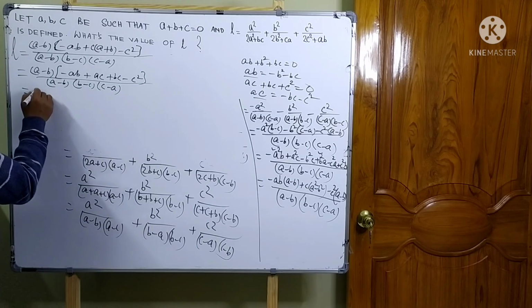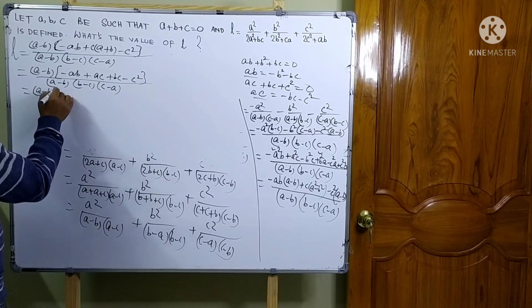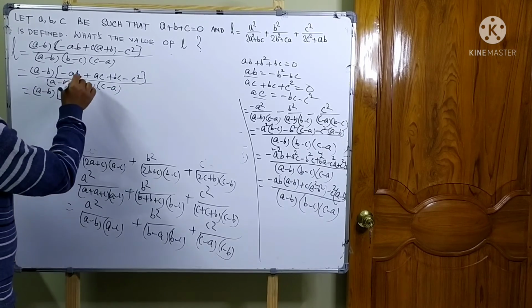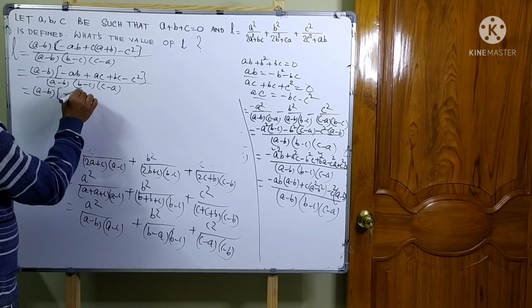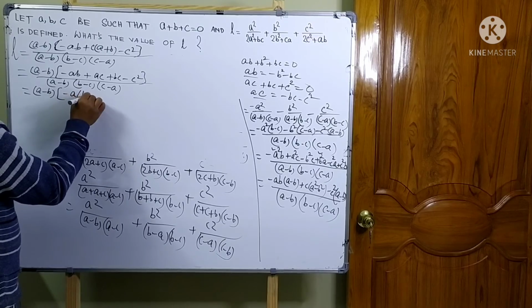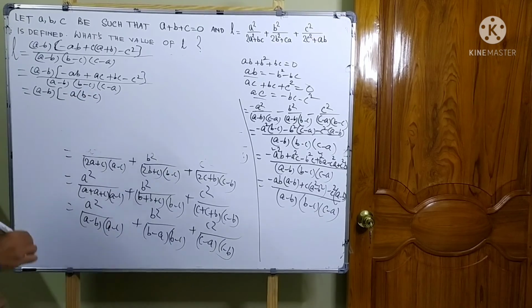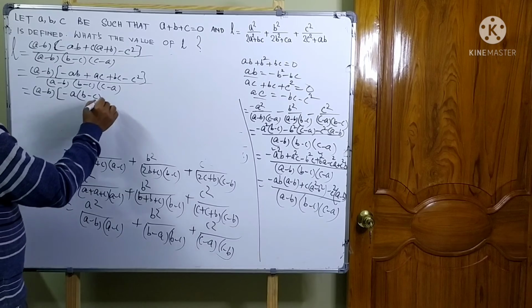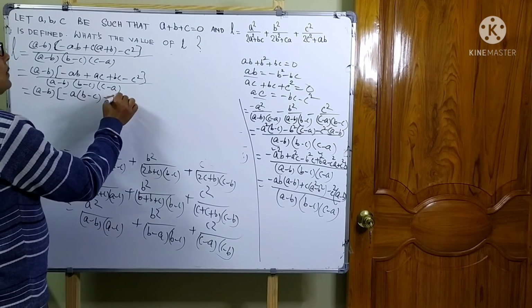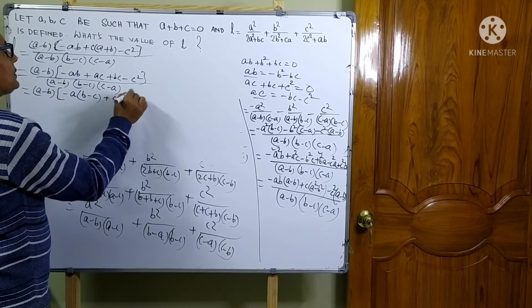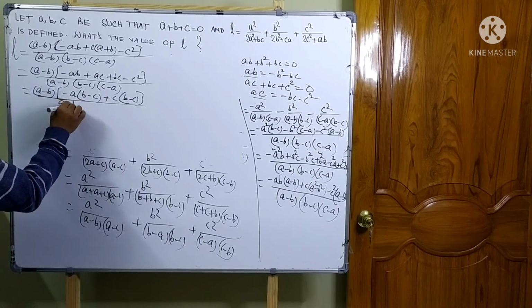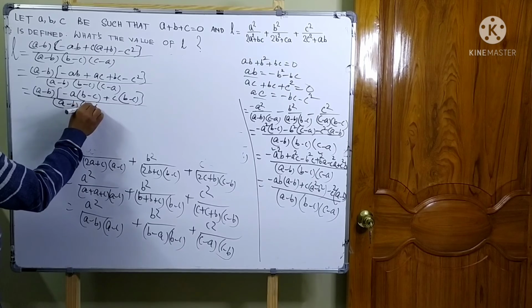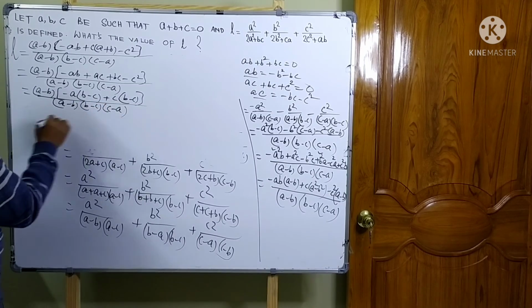Here we can write a minus b, minus a multiplied by b minus c, plus c multiplied by b minus c, over a minus b, b minus c, c minus a.